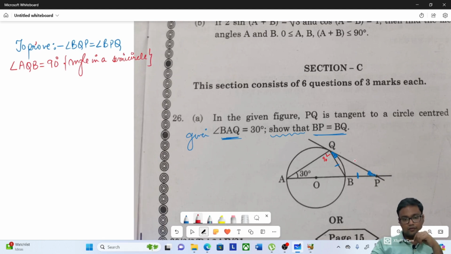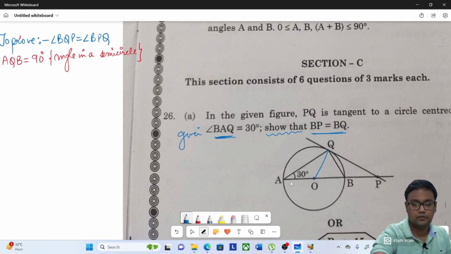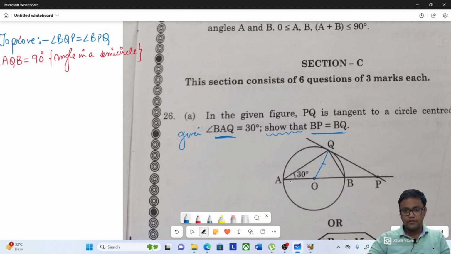Now what I was planning, children, I was planning to connect O with Q. So after connecting O with Q, OQ is the radius, OB is the radius, and since this angle was 90, so 90 plus 30 is 120. So this turns out to be a 60-degree angle.